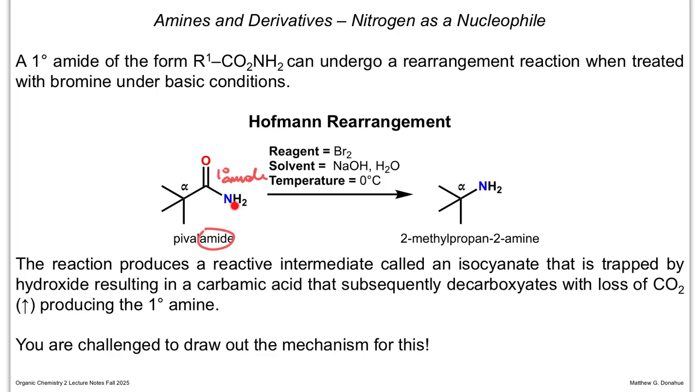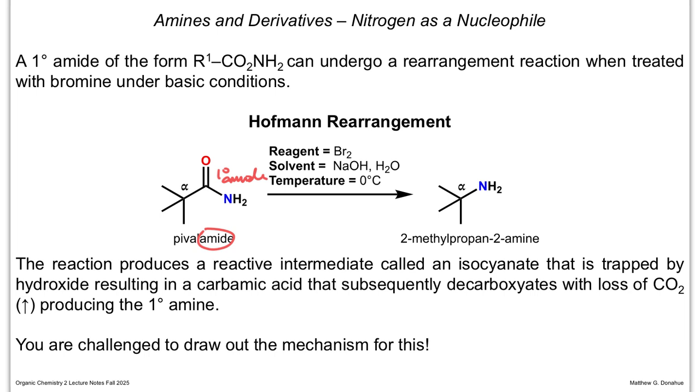So if we take a primary amide, treat it with bromine water under basic conditions, what happens is the nitrogen reacts with the bromine, and then this rearrangement occurs.